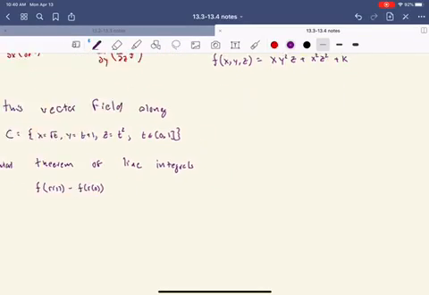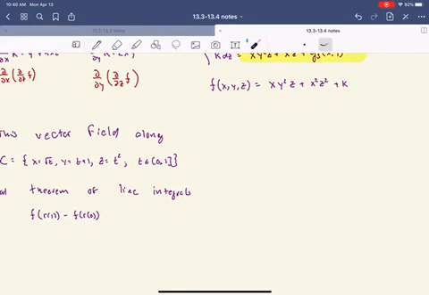Okay, well, what was our function? Our function was up here. Let's take r of 1 and r of 0. R of 1 equals the point 1, 2, 1. R of 0 is the point 0, 1, 0.